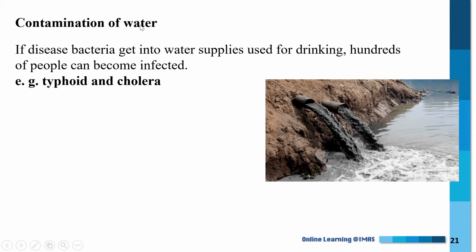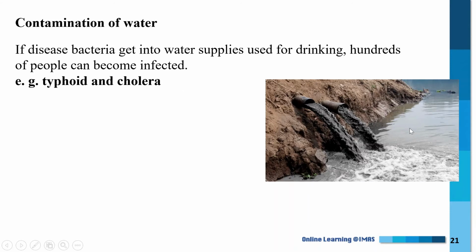So contamination of water is another indirect way to get pathogens. If the water is contaminated with feces of animals or feces of a human, and this water is used for drinking, what will happen if disease bacteria get into the water supply used for drinking? Hundreds of people can become infected.